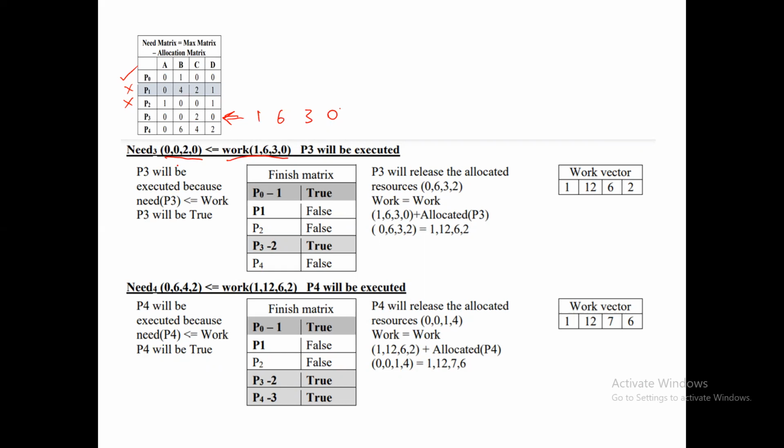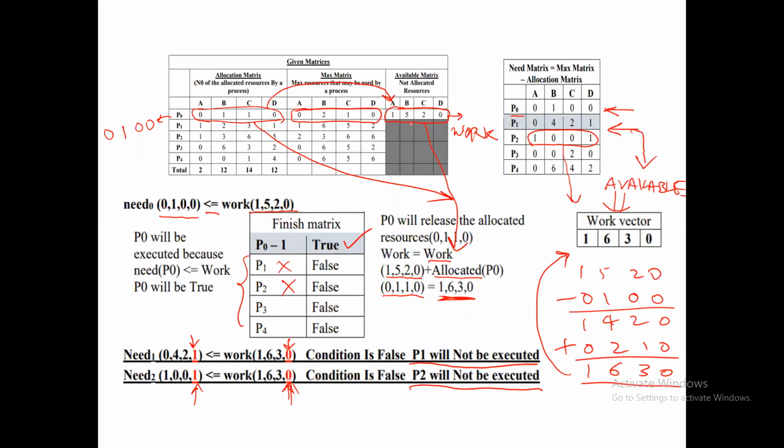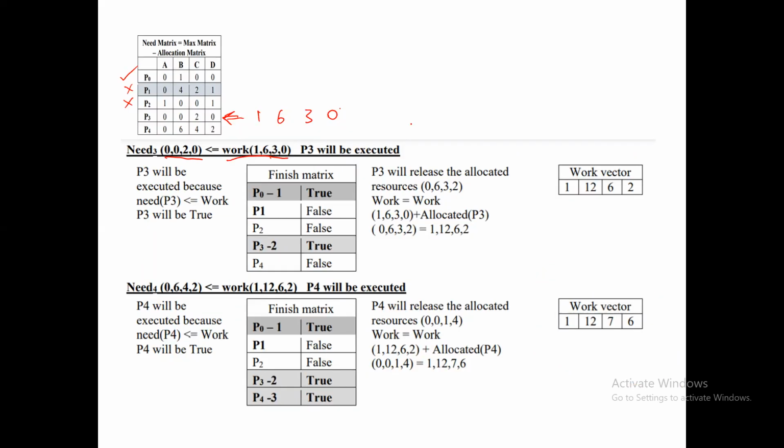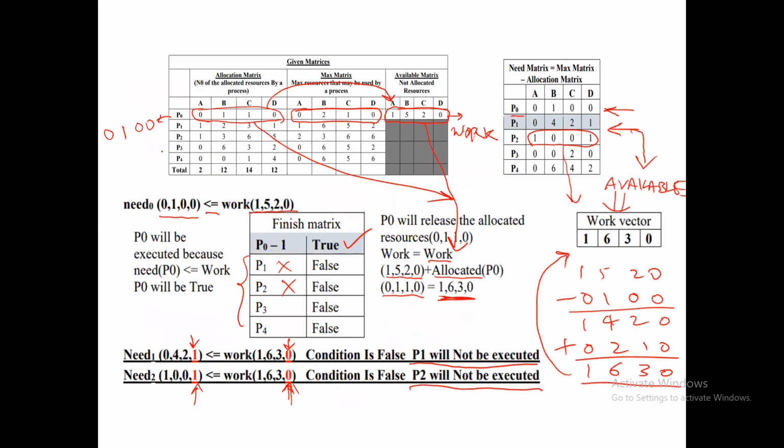Now, once we are allotting, what would happen? Obviously 1630 is the current availability, and to the current availability, what would be added? The current allocation would be added. So what is the current allocation for P3? So P3, the current allocation, as you're able to see, is 0632.